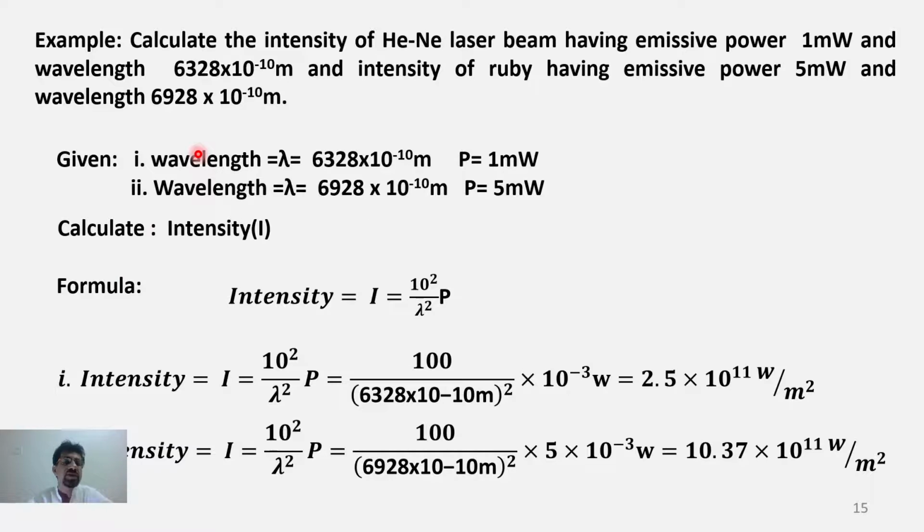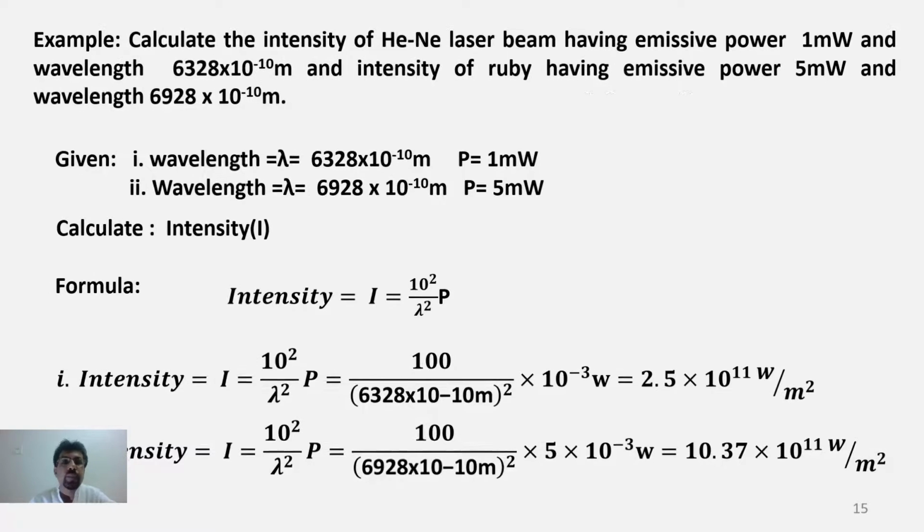For the 1 milliwatt laser, we get the intensity 2.5 × 10^11 watt per meter square, and for the 5 milliwatt laser, we get the intensity 10.37 × 10^11 watt per meter square.